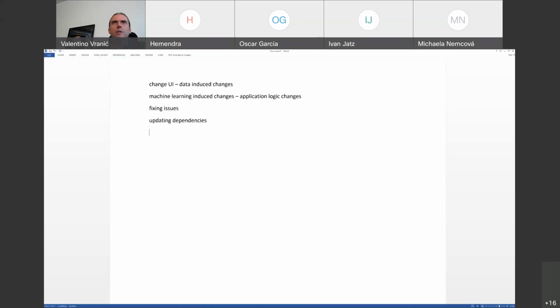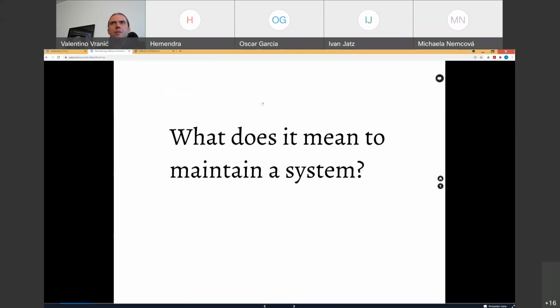So all kinds of things, and when talking about maintaining a system, it also has to do with how a system is internally organized. When you reorganize a system a little bit to accommodate some changes in the outside world, you are not necessarily accommodating changes in the behavior of the system.